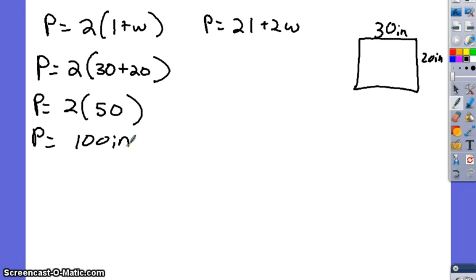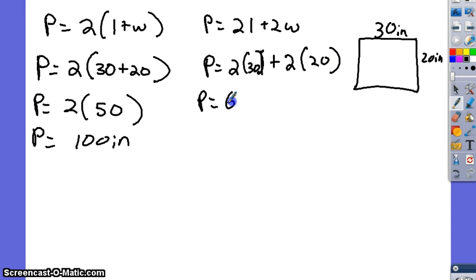If I do the second formula, I get P equals 2 times 30 plus 2 times 20. That's P equals 60 plus 40. That gives me P equals 100 inches. So either way, I get the exact same answer. And that's a good thing for you to know.